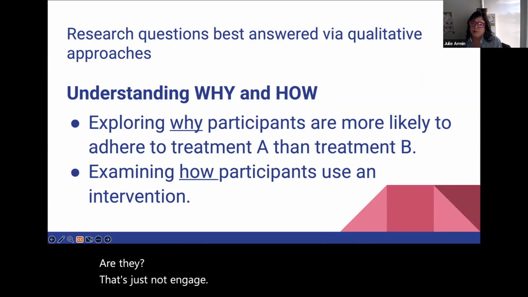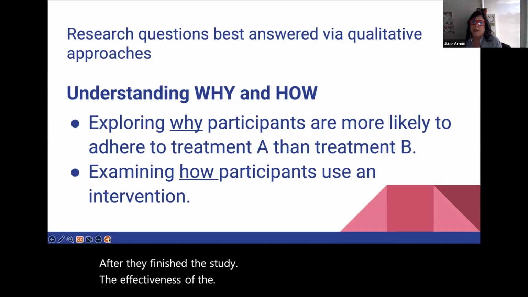And then also examining how the participants are using the intervention. So are they continuing to use the skills that we're teaching them in the intervention, 6 months out after they've finished the study, which can really tell us quite a bit about the effectiveness of the intervention.